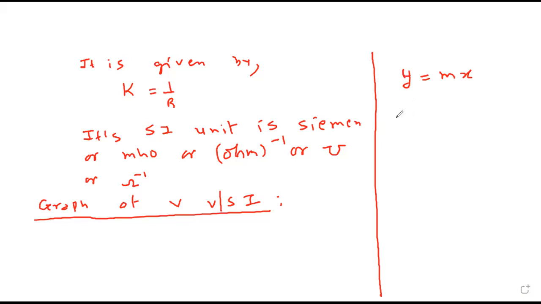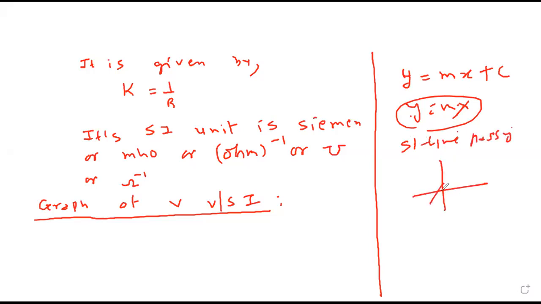Yes, y equals mx graph is what? I don't know. You have done chapter called straight line in maths. Yeah. What is equation of straight line? Y equals mx plus c. So that means if it is not c, still straight line, but it passes through origin. Yeah. So that means you are knowing. So y equals mx is a straight line passing through origin. Okay.